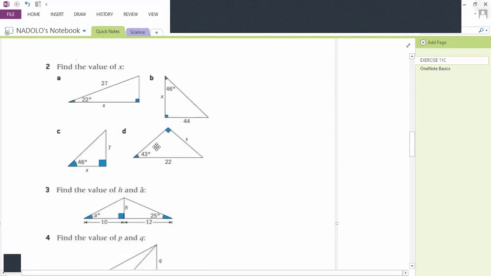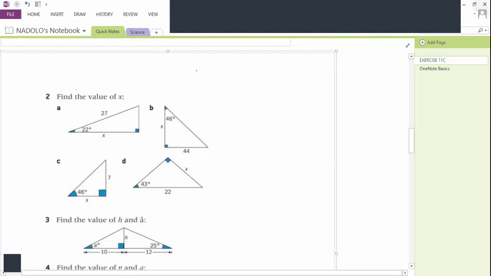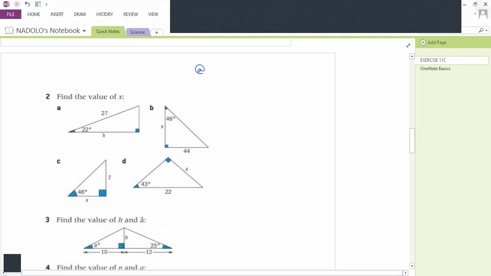All right, so let's look at A. Part A says that this is a right angle triangle, so we are allowed to use the ratios. So this x is an adjacent side to this angle, and we also have the hypotenuse. So our ratio that relates adjacent and hypotenuse is cos. So we can say cos 22 degrees is given by x over 27.